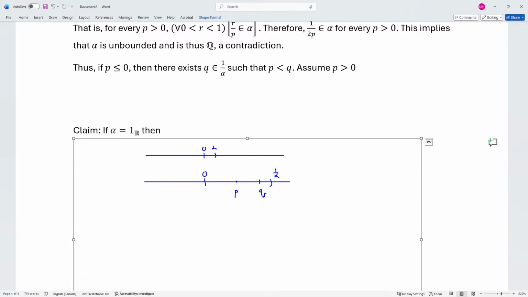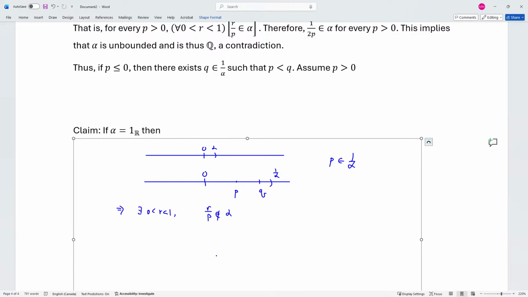All right, so p is in 1 over alpha. This means there exists r in 0 and 1 with r over p not in alpha. So we wish to construct a q such that q is in 1 over alpha.